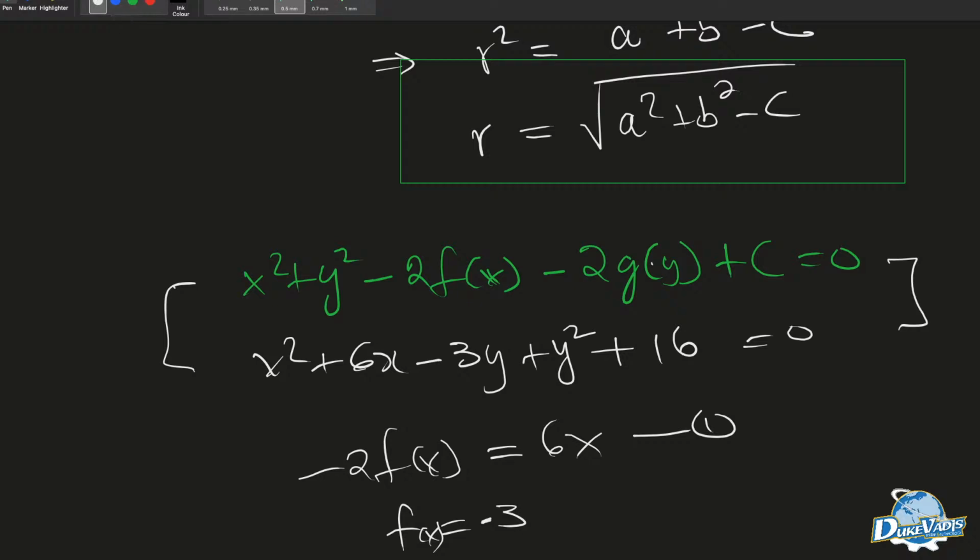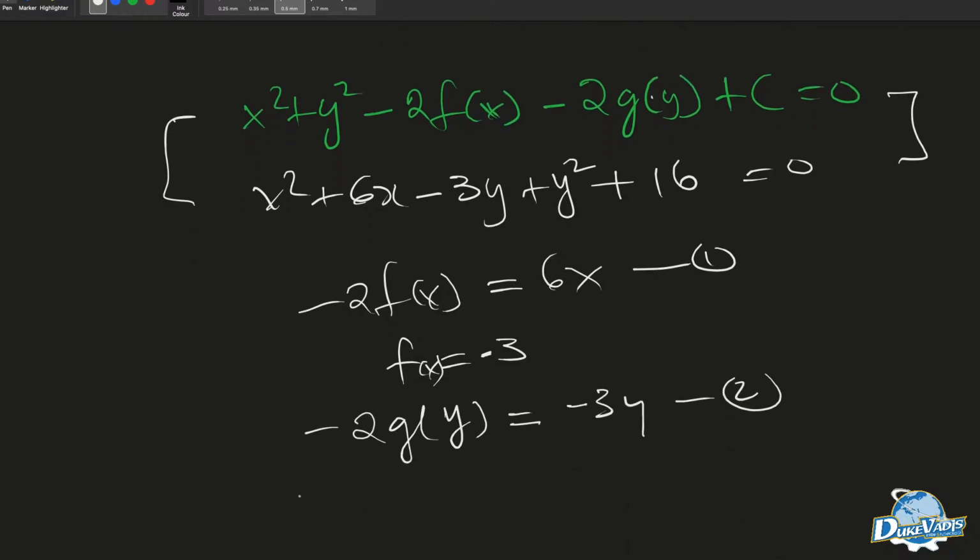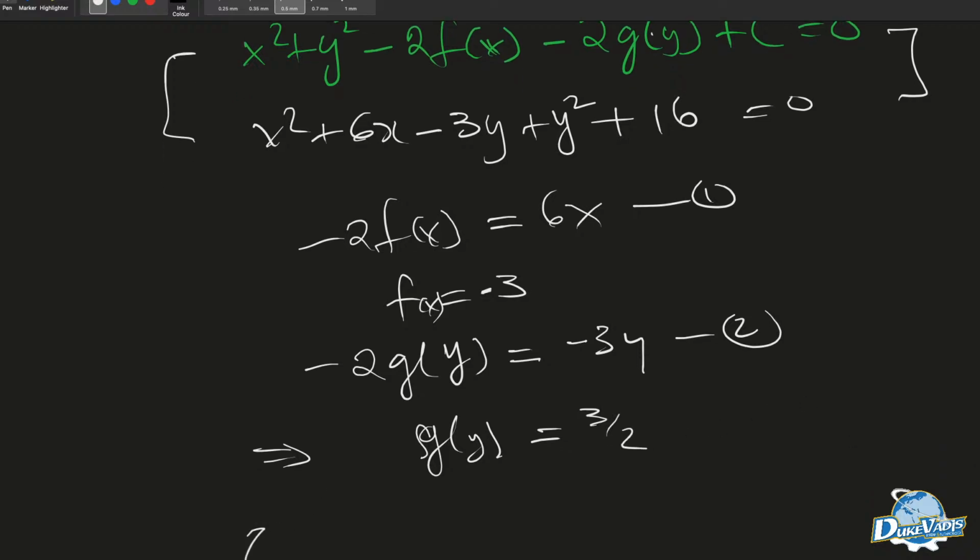So 2g of y will give me negative 3y as equation 2. Now solving this, you see that g will give me 3 over 2. And straightforward, that gives me the center of the circle to be negative 3, 3 over 2.